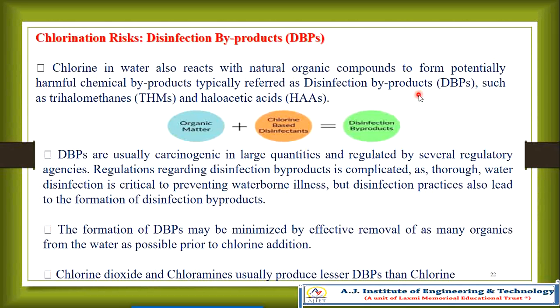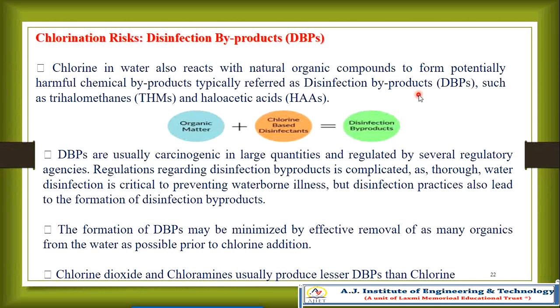That is called disinfection byproduct, DBPs. What are the harmful byproducts called? Trihalomethanes and haloacetic acid. That is organic matter plus chlorine-based disinfection, which is equal to disinfection byproducts.